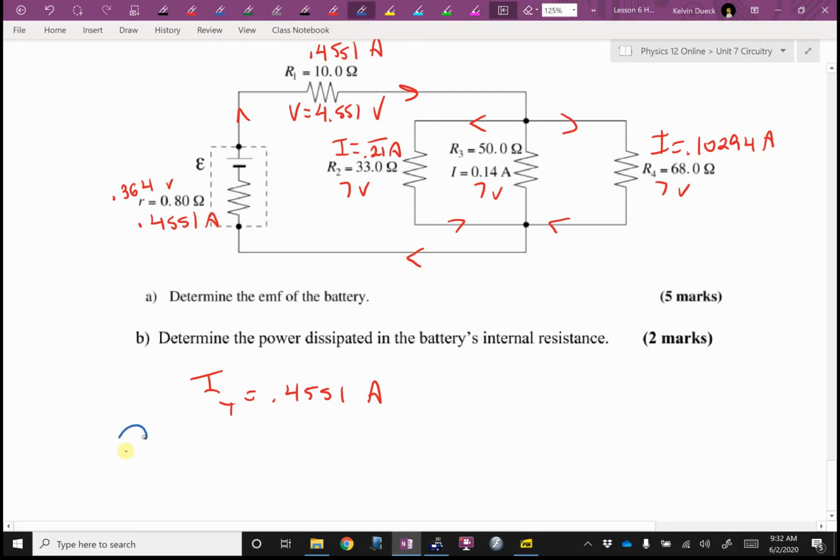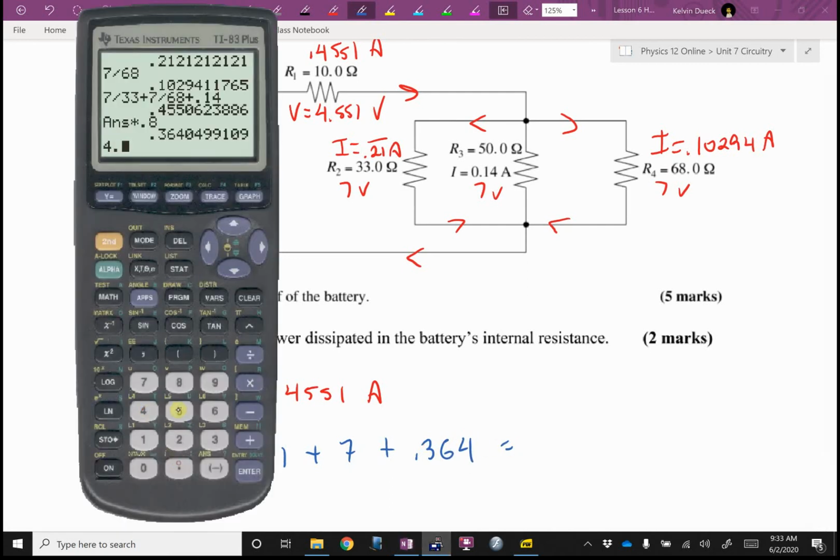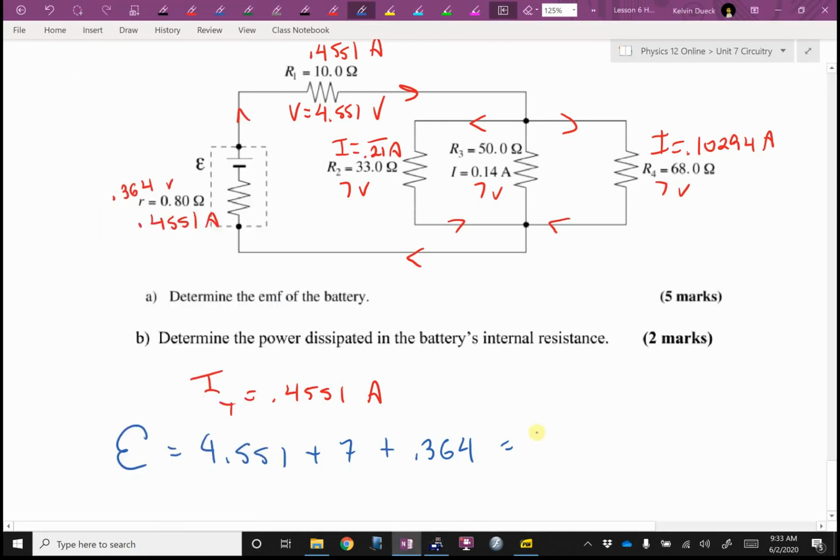So the EMF is going to be 4.551 plus 7 plus 0.364. I'm going to use my answer button since I have it sitting there. And I get 11.9 volts. I think I forgot to include an answer for this one, didn't I?